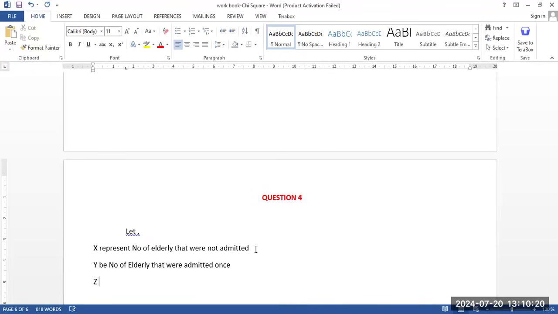Then Z be the number of elderly that were admitted twice. Then lastly, after Z, what do we have? Do we have any other after Z? Nothing.